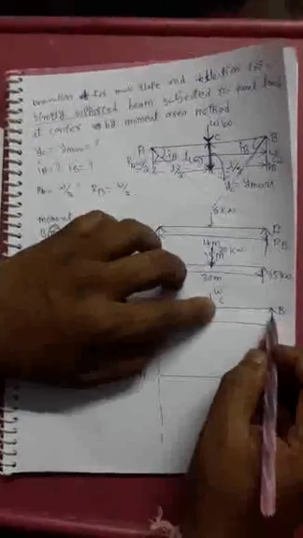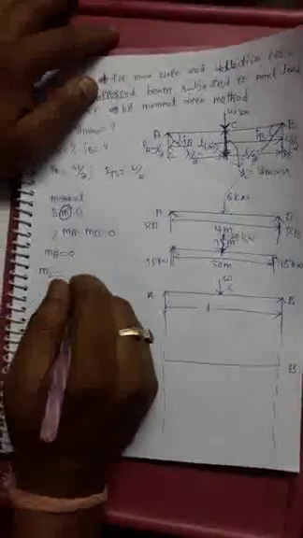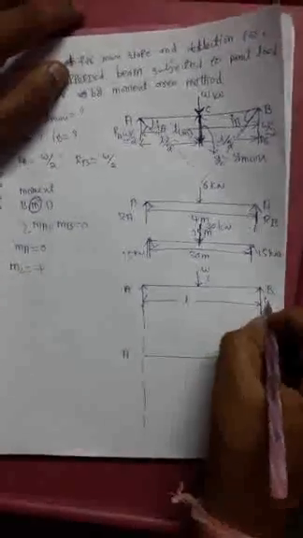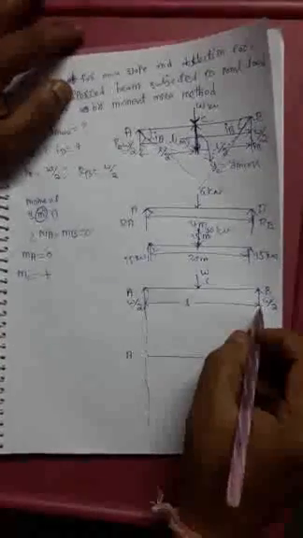So the MC point receives a reaction from B. This reaction is nothing but a point load. Upward force is plus sign and downward force is minus sign. So here W by 2 is the reaction. W by 2 point load, force into distance.